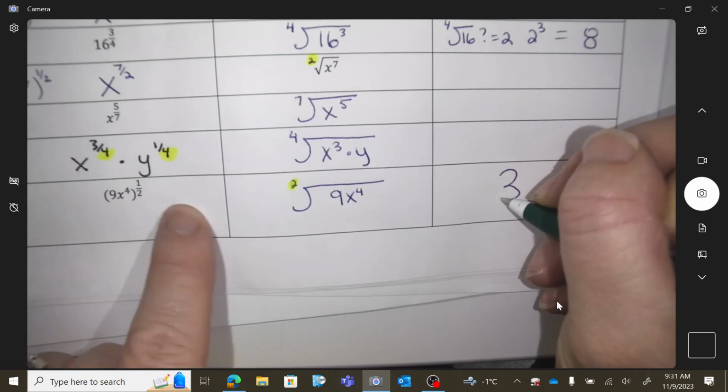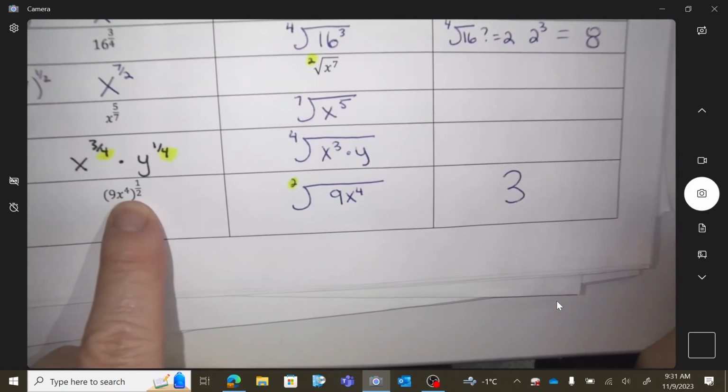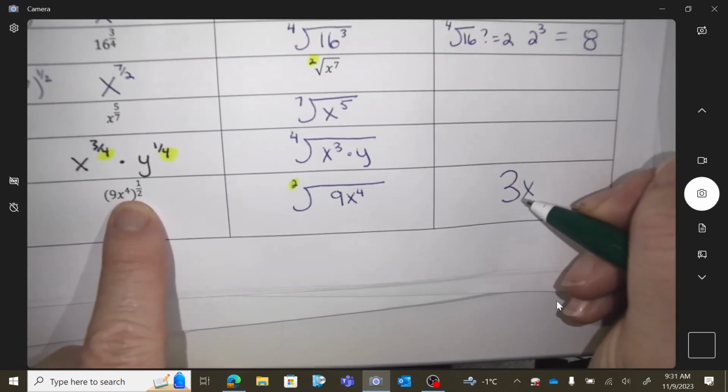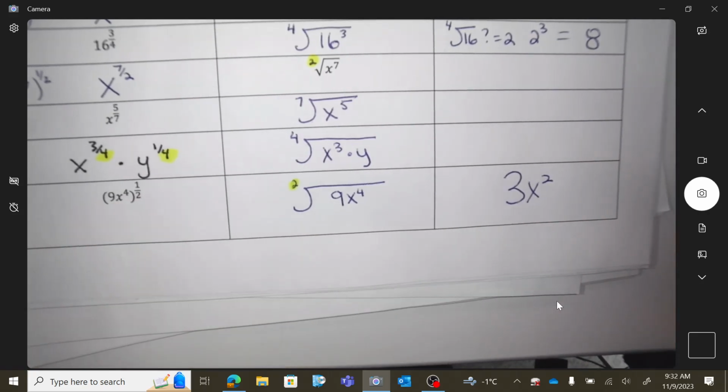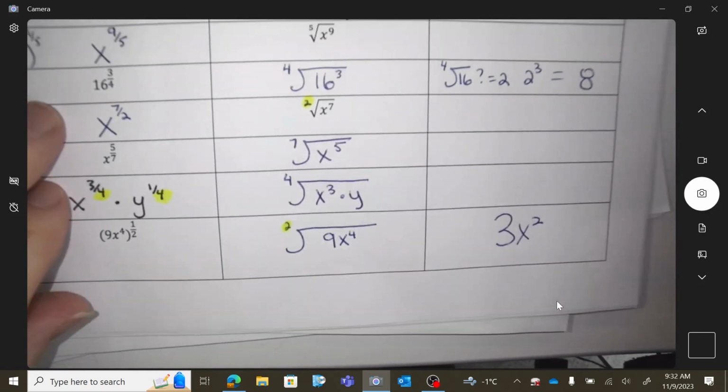And then x to a what? 2? Yep. Oh, we still have 2 more to go here.